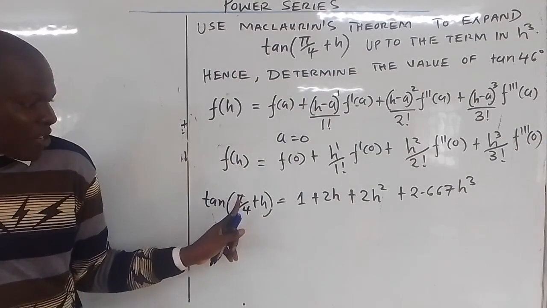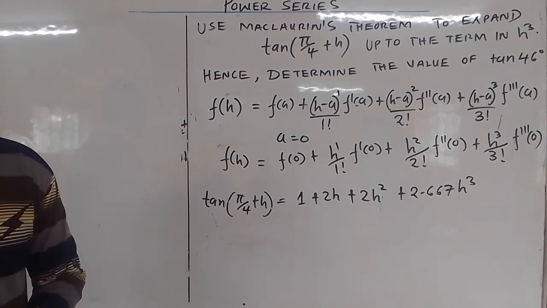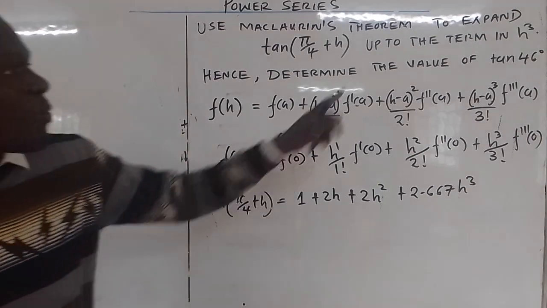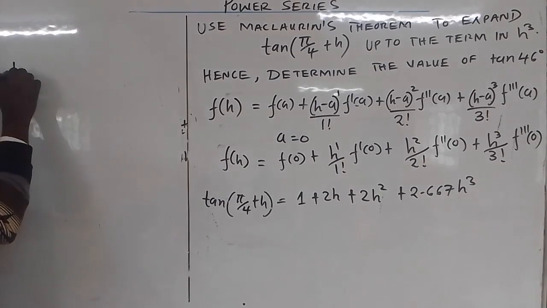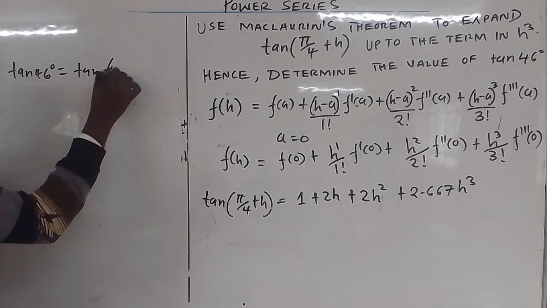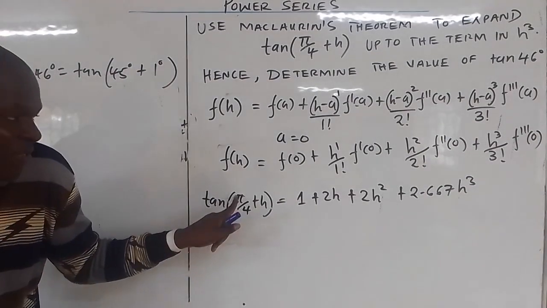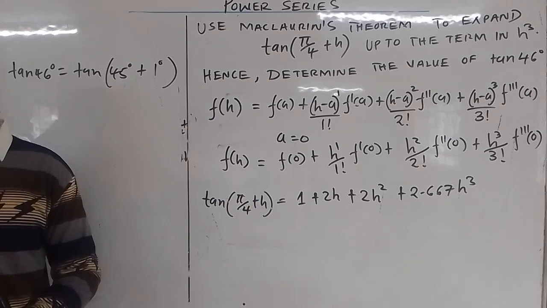And you now know pi over 4 is 45 degrees, isn't it? So when you are given tan 46, this is now how you write it. Tan 46 degrees is now going to be tan 45 degrees plus 1 degree, because 45 is pi over 4. Are you seeing that?